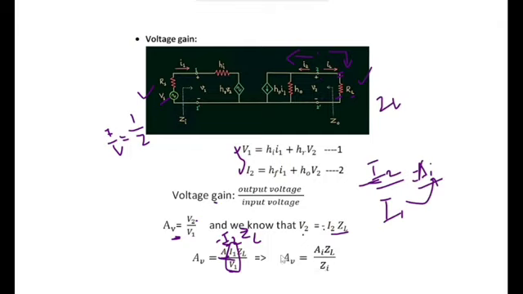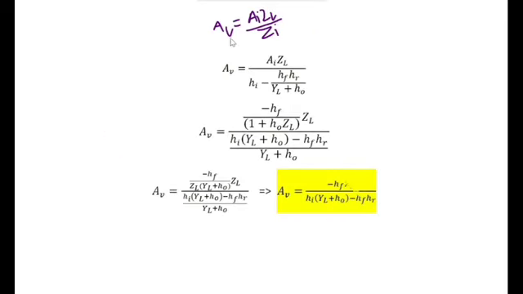This is the AV. If we simplify this further, we get the final equation: AV is equal to AI into ZL by ZI.